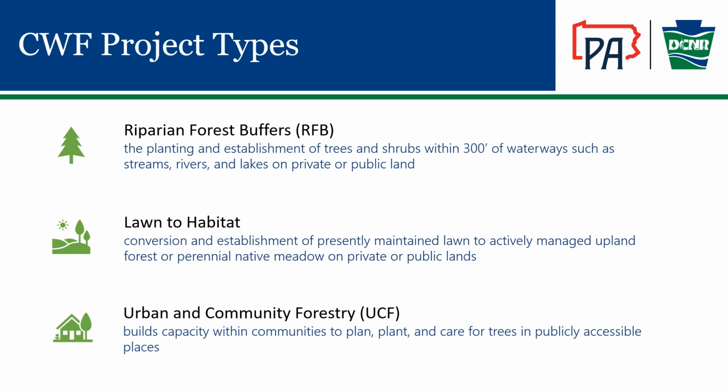Lawn to habitat is the conversion and establishment of presently maintained lawn to actively managed upland forest or perennial native meadow on private or public lands. Urban and community forestry builds capacity within communities to plan, plant, and care for trees in publicly accessible places. More details about each project type are available from fact sheets on the DCNR Customer Service Grant Portal.